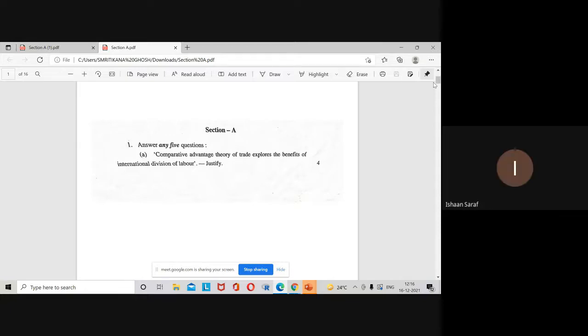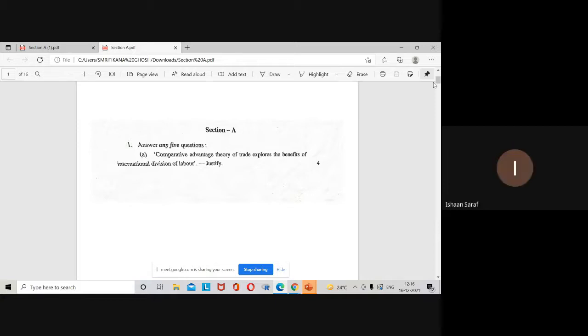Yes, ma'am. The allocation of resources actually depends upon the opportunity cost. Comparative advantage theory tells us what the country should produce to minimize its opportunity cost, and that opportunity cost defines the division of labor. How?